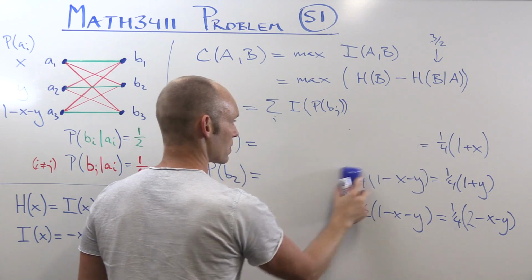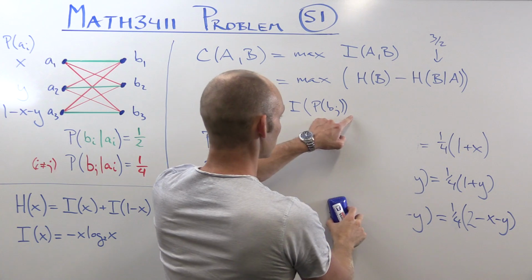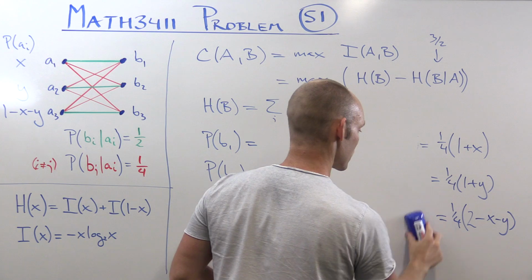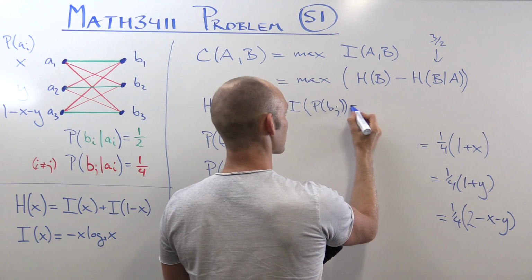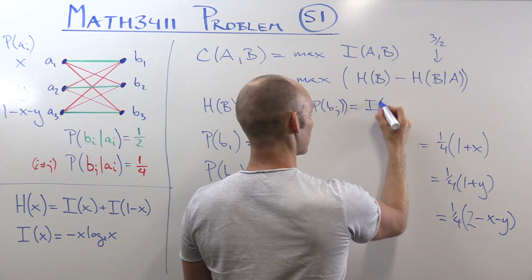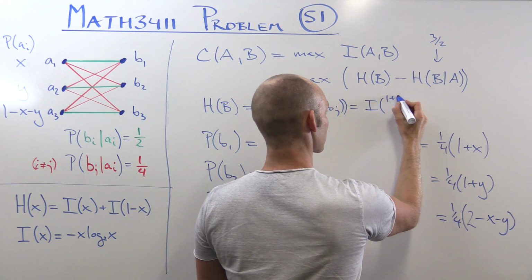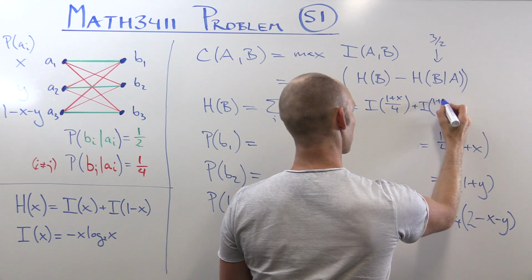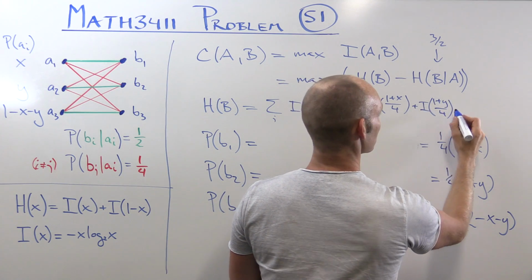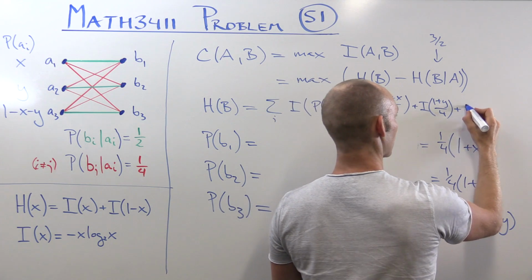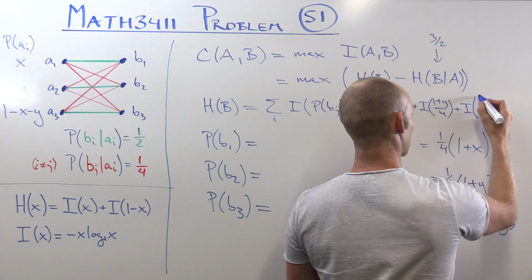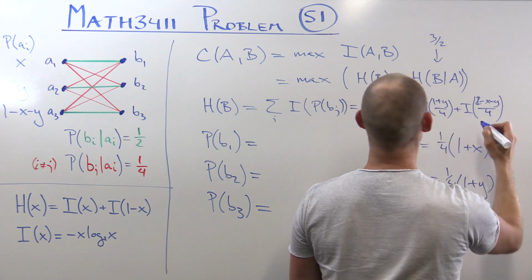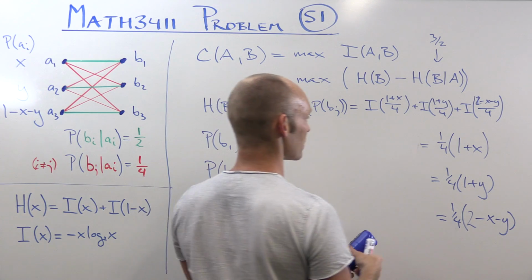So if we then put them into this sum here, we get that that's equal to I of (1 plus x)/4 plus I of (1 plus y)/4 plus I of (2 minus x minus y)/4, and we are done.